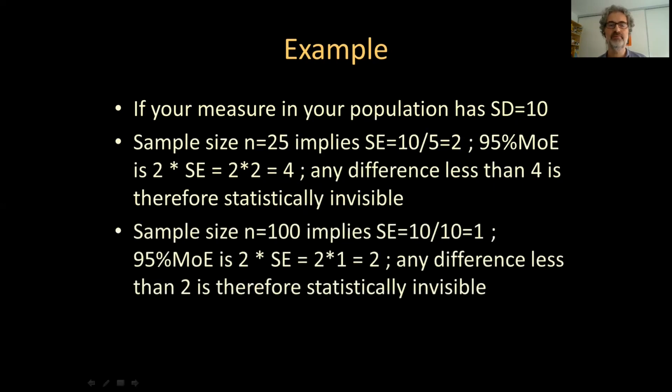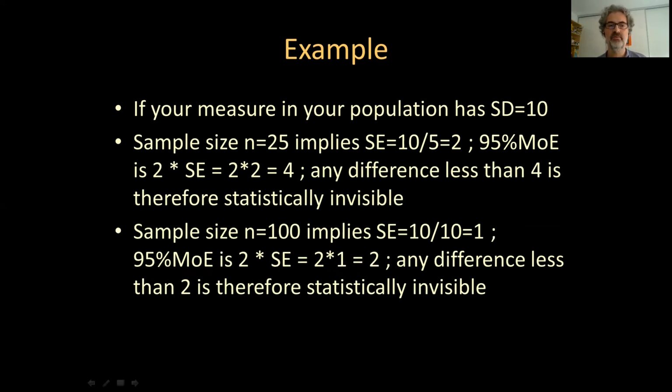If you had a sample size of 100, then the standard error would be the standard deviation of 10 divided by the square root of 100, that is 1. The 95% margin of error would be twice this standard error of 1, so it would be 2.